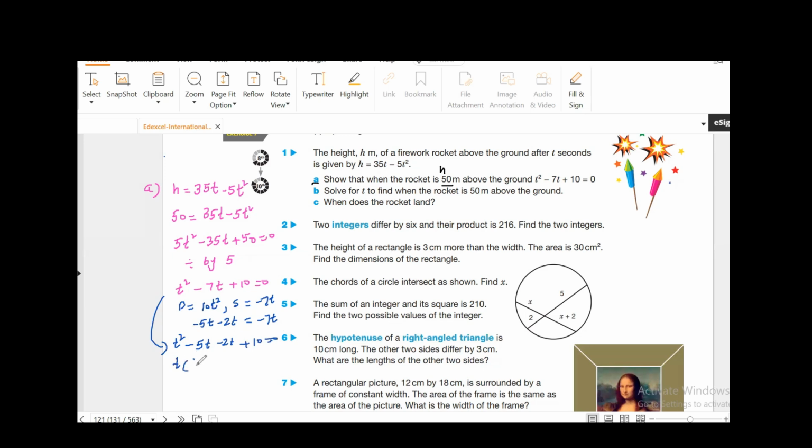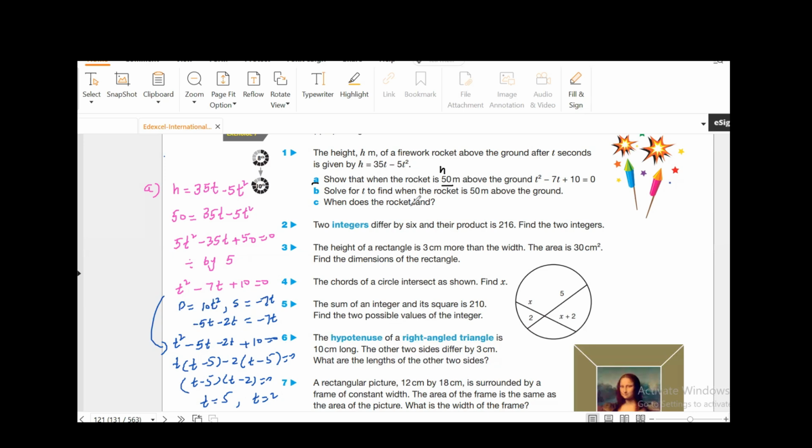So we have t common: t minus 5 and t minus 2. That gives us t is equal to 5 and t is equal to 2. So t is equal to 5 seconds and t is equal to 2 seconds.